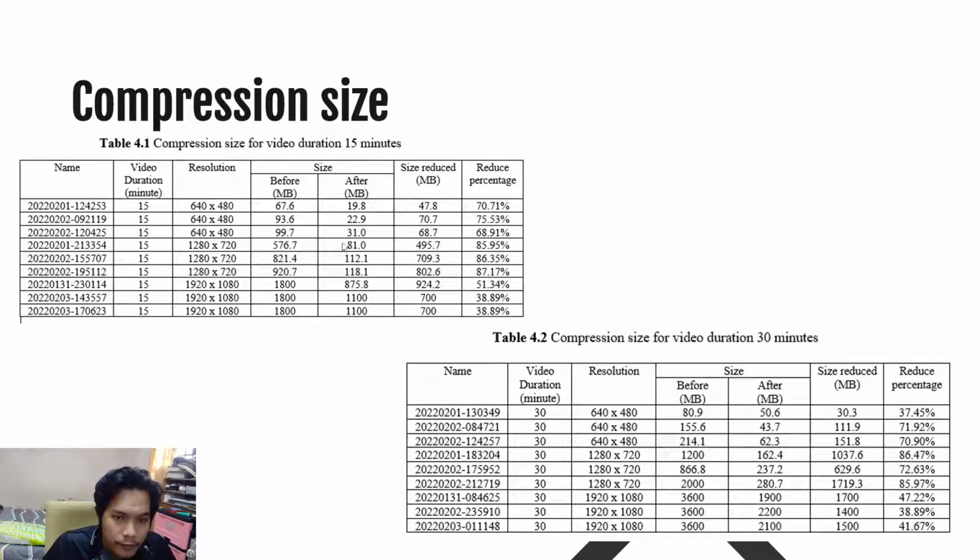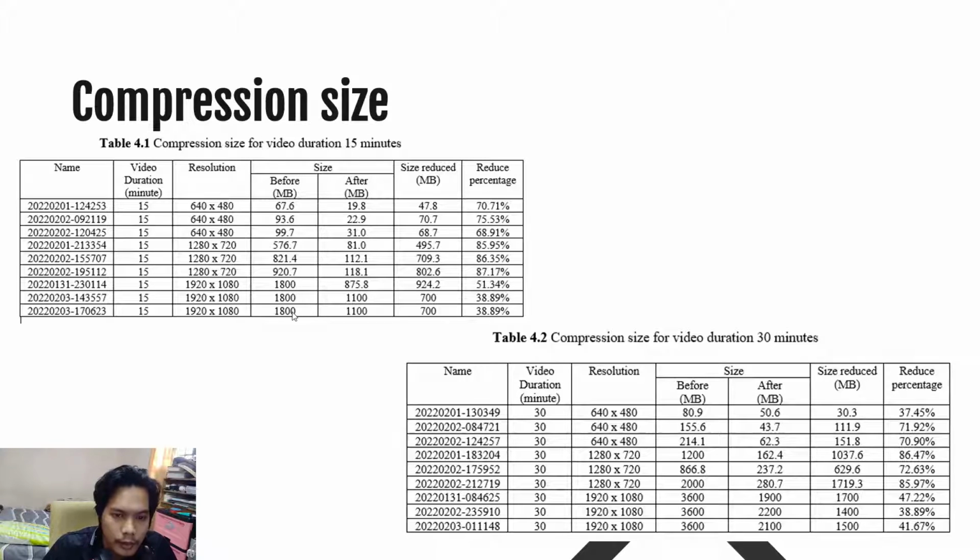Most of the 720p files reduced by 80%: here we see 920 megabytes, but when compressed it becomes 118.1 megabytes, so the reduction is really big, around 800.